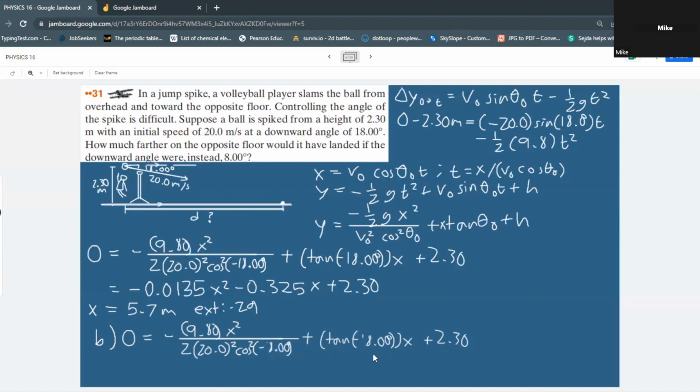Negative 9.8 over 2 times 20 squared times cosine of negative 8, squared. So, what is the coefficient of x squared? Let's just compute the coefficients.